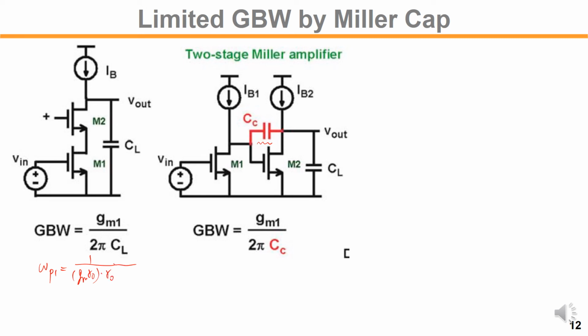So output resistance is boosted by that much, gm ro, times CL. And if we consider the CX here, we may have an additional pole, but the resistance is so small, the pole location on that node will be very high.